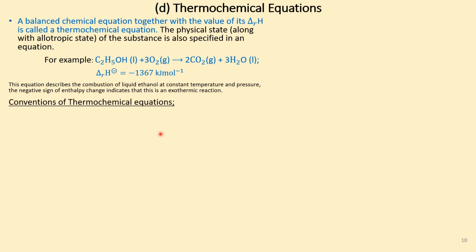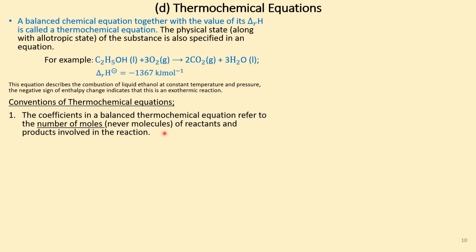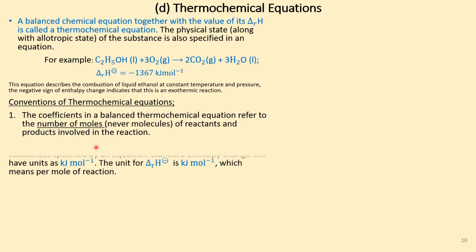Conventions of thermochemical equations. The coefficients in a balanced thermochemical equation refer to the number of moles. So here the coefficients 1, 3, 2 represent the number of moles, not molecules, of reactants and products involved in the reaction.